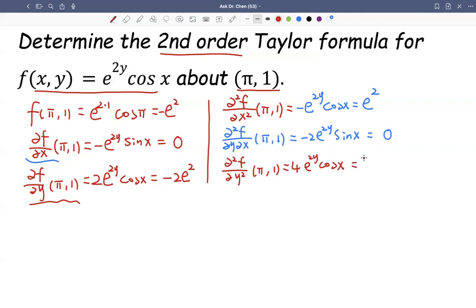Cosine pi again is negative, so we get negative 4e to the second power, since y is 1. And because the mixed partials are the same, this one also equals the second partial in this order. If we take the derivative of this one in the x direction, we get the same value.